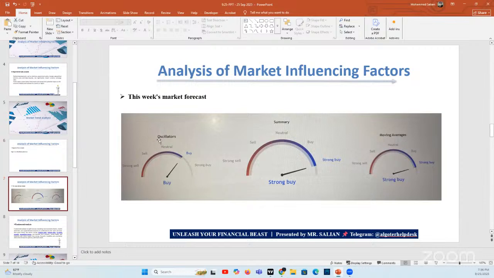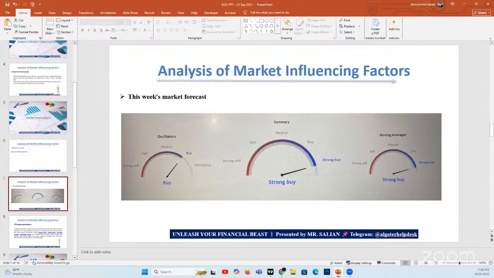For all the oscillators, like stochastic, the MACD, RSI, it's giving a buy signal because all the data from these oscillators are showing this. So it will be easier for you to understand what to do, either to sell, be neutral, buy, or a strong buy. In this case, there's a strong buy for the summary between the moving averages and the oscillators. For the moving averages, it's a strong buy. Now you can buy. That's it.